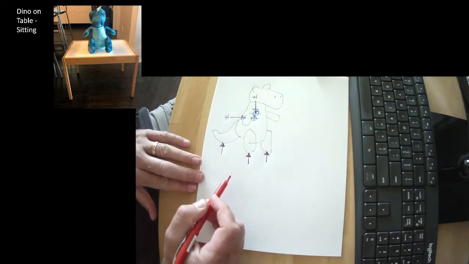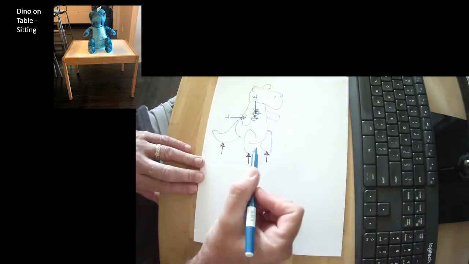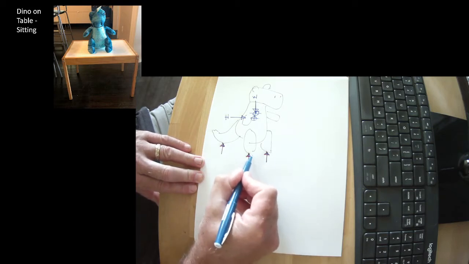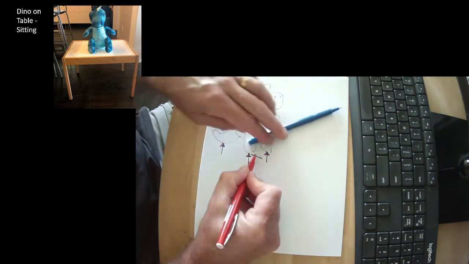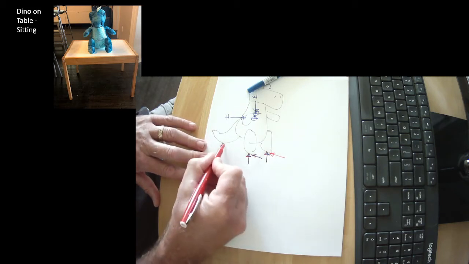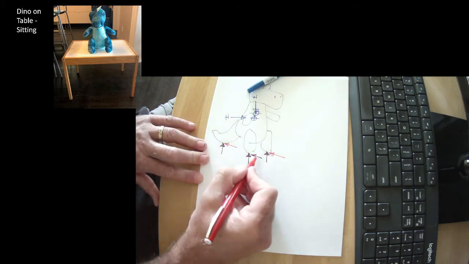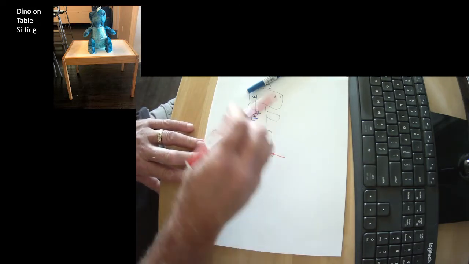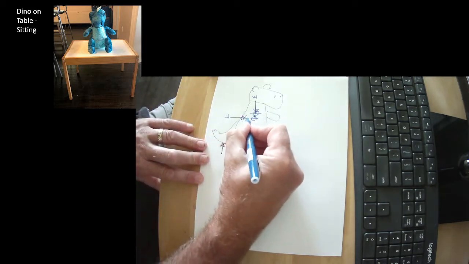So what happens under wind? Well, the wind generates overturning and generates shear. The shear component is resisted by friction at the base, which balances the horizontal component. Then there's also an overturning component. So I'm just going to dot in the overturning.